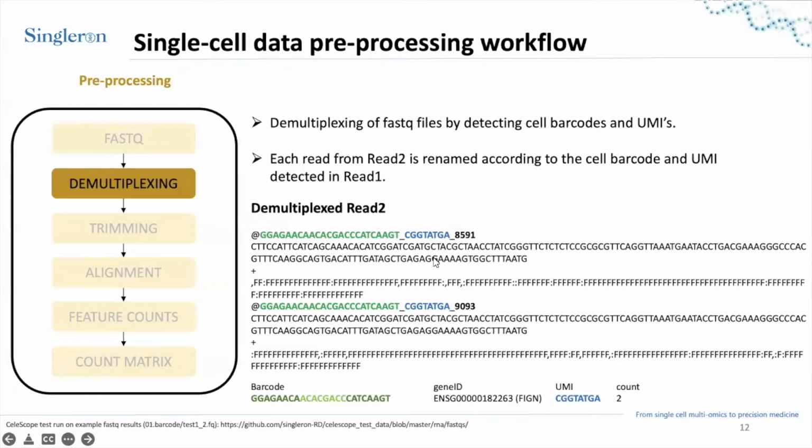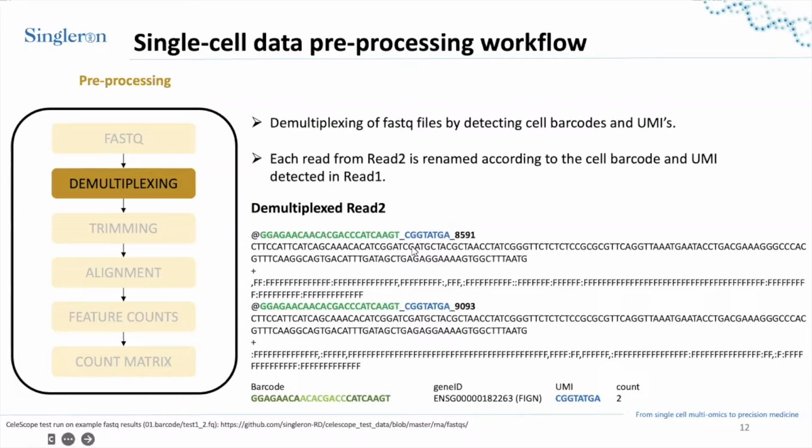Then the Fastq files only contain a clean version of the read 2 that is truly representing the true reads. It does not come from the low quality cells or the cells that don't bind to a valid barcode.